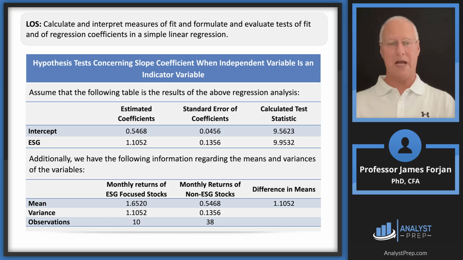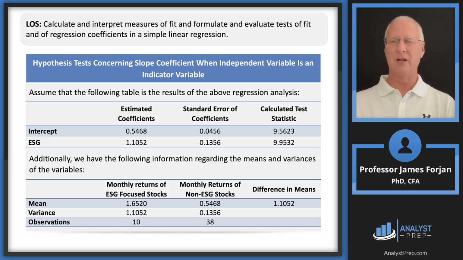So let's suppose that we get out some software and here are the results. Well, we have an intercept term and we have a slope coefficient. We've got standard errors and we have calculated test statistics. Now, remember what I said to you, and I think I kind of glossed over this back in part 1, is that the test statistics there are close to 10. Well, assuming we do this for a bunch of firms, that's going to result in us rejecting the null hypothesis.